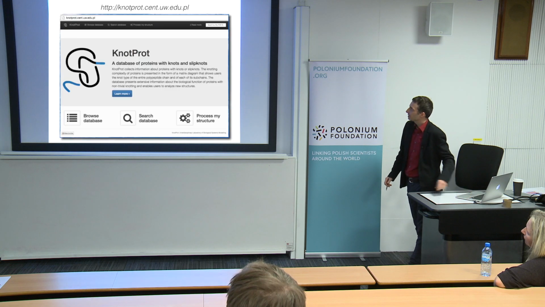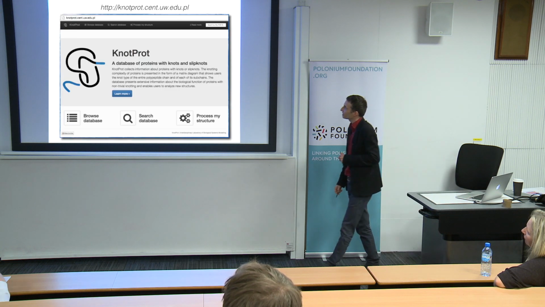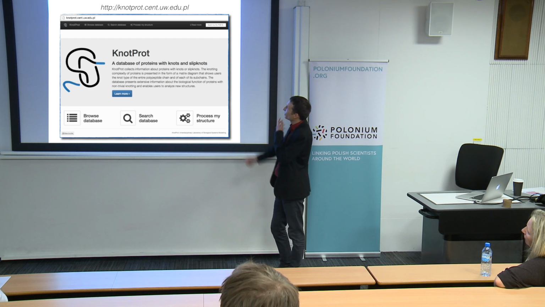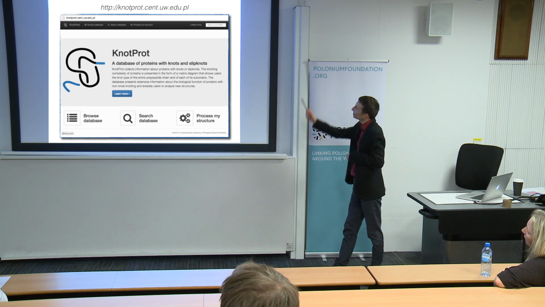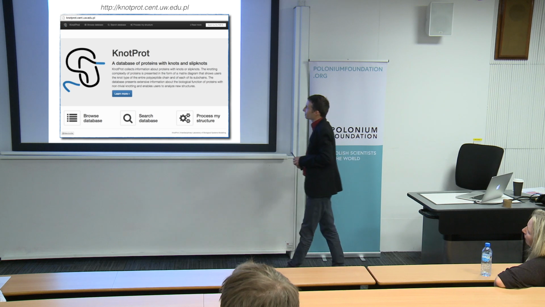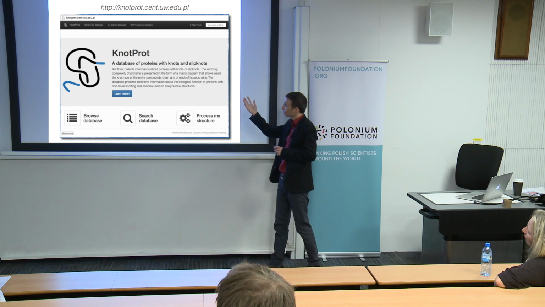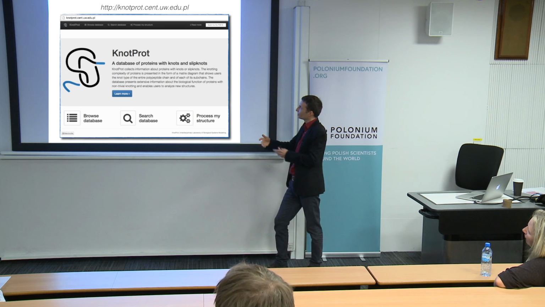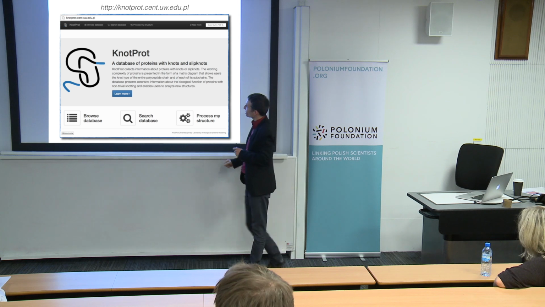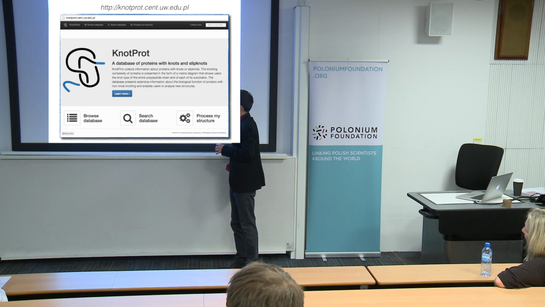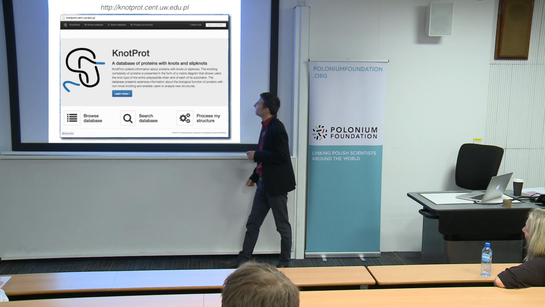And we have made a database of such structures. It is called KnotProt, and there is a website address on top. All knots which are found in proteins are assembled in this database, and it is regularly updated. Every week, new protein structures are uploaded to a big database of proteins, called the Protein Data Bank, PDB.